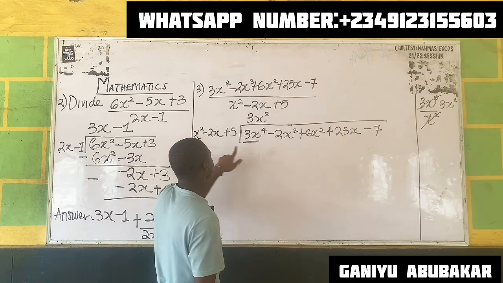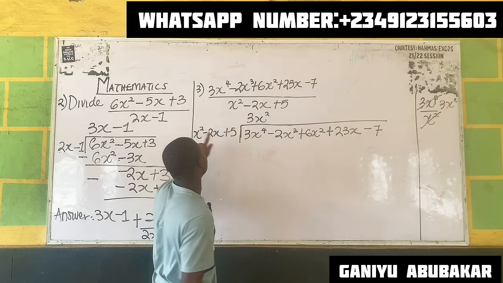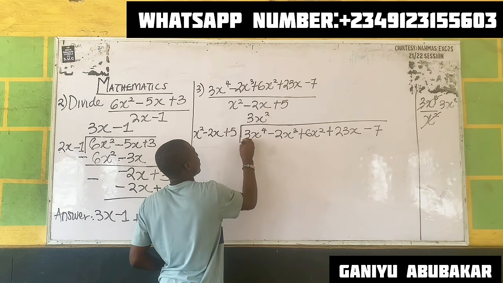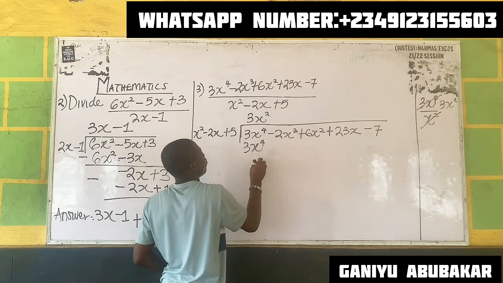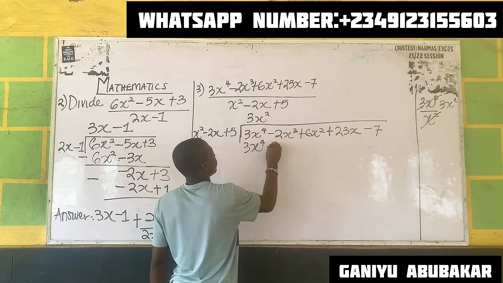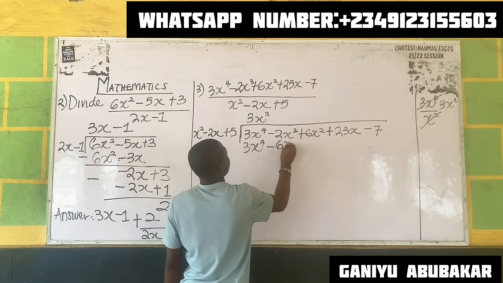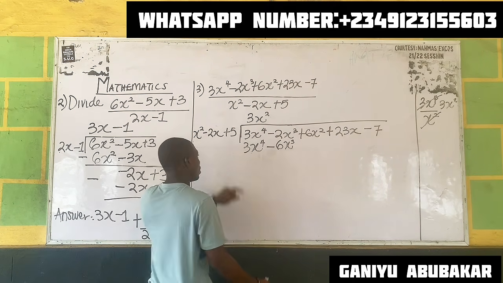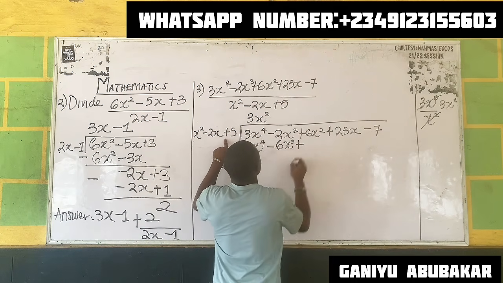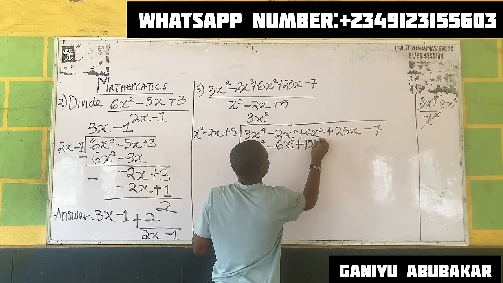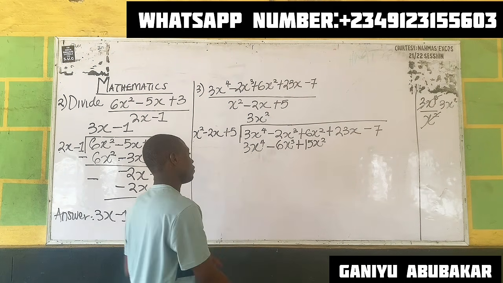So 3x squared times x squared gives you 3x to the power 4, minus 3x squared times 2x gives you 6x cubed, plus 3x squared times 5 gives you 15x squared. All right, I have this one here.